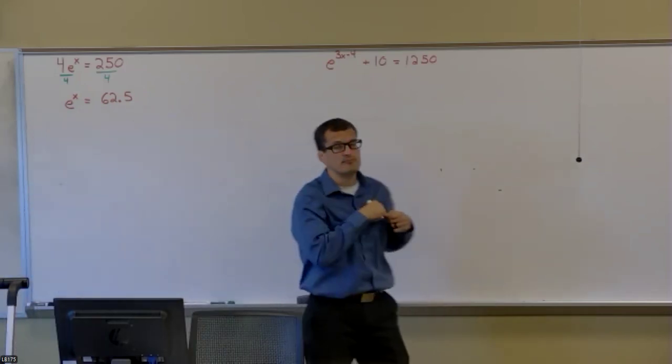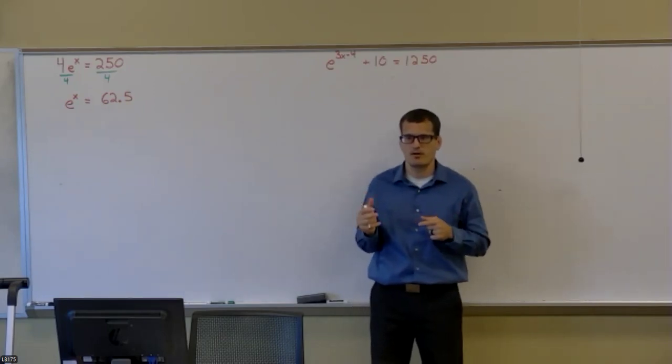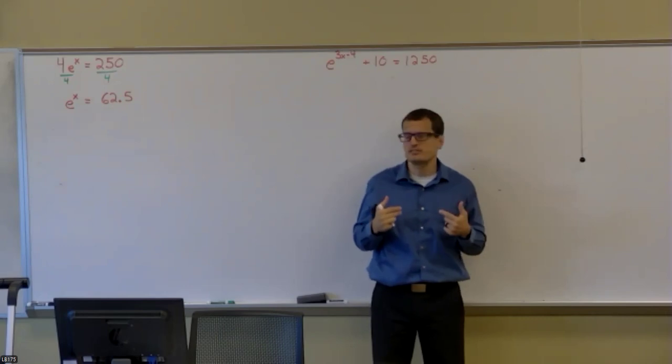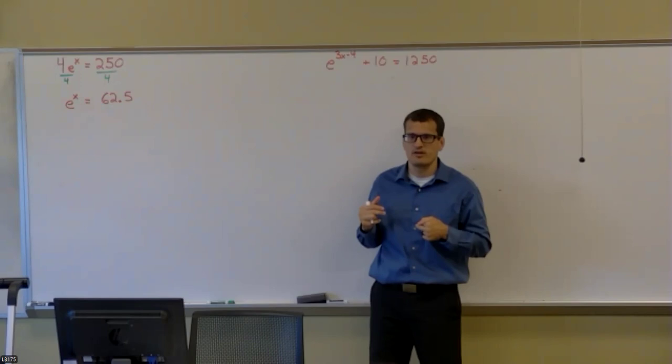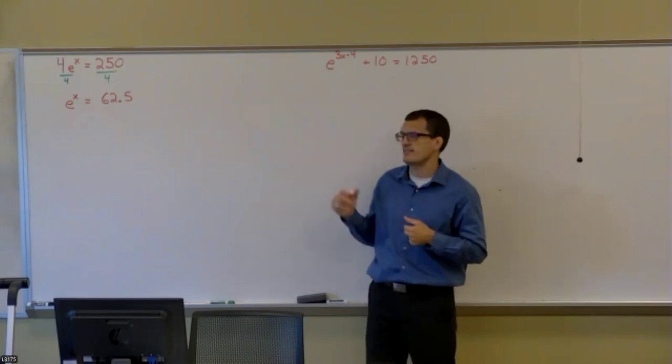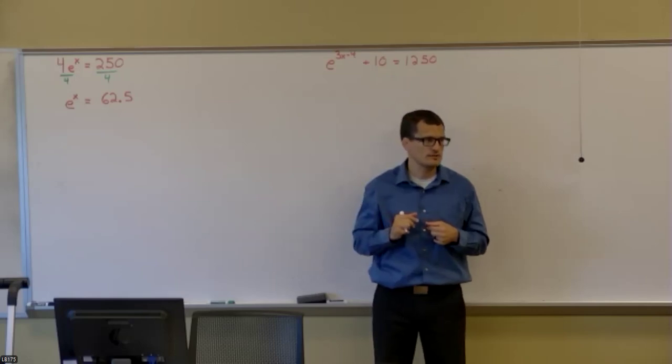Now, people process this in different ways. What I like to do most of the time is just apply natural log to both sides. Some people would say, let's rewrite this exponential equation into a logarithmic equation.